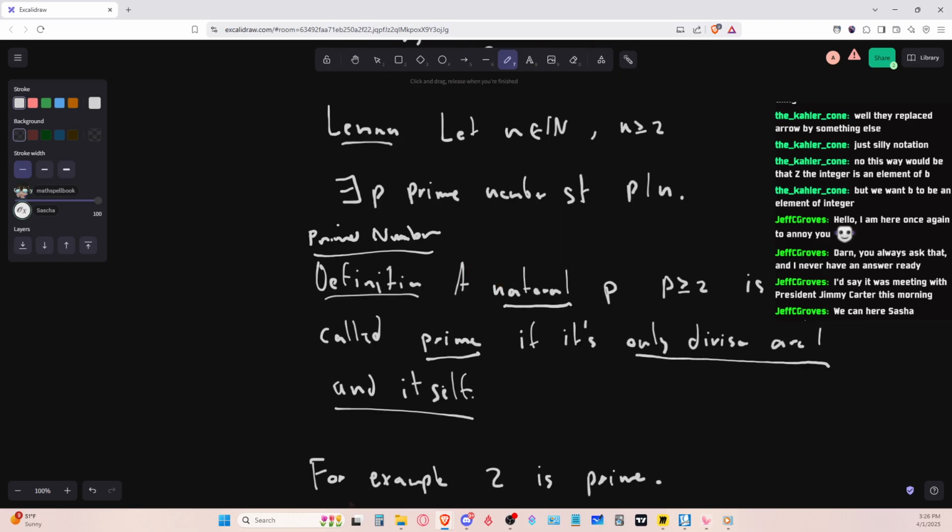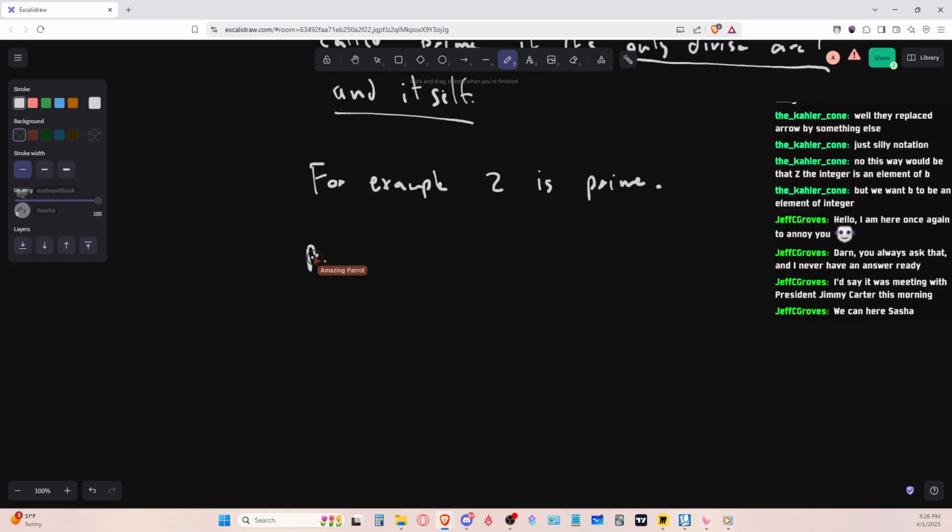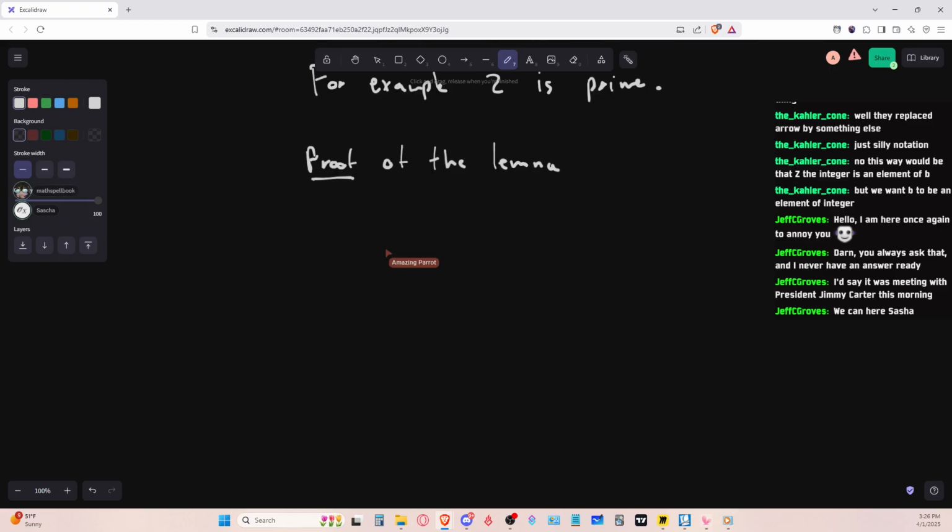Okay, so let's prove the lemma. Here's how the proof would work. We want to use the well-ordering property, so we have to build some set which is useful for us.